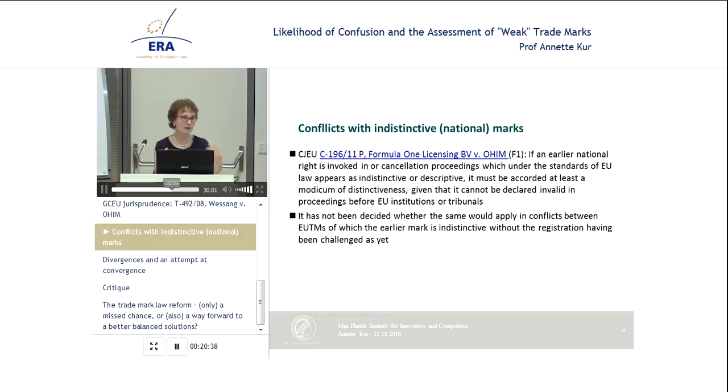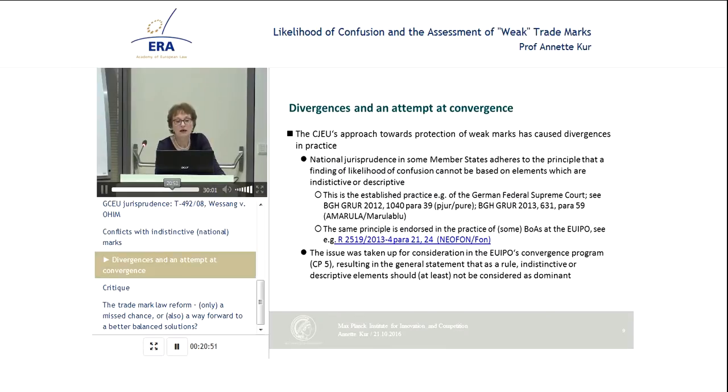So this is not a rule which applies automatically in the same way all the time, but is something which needs to be taken into account. Again, the practice of the courts with regard to weak marks seems to be a pattern, which is not just found in exceptional cases, and it actually clashes with, or is incompatible with, practice which has been developed in at least certain member states.